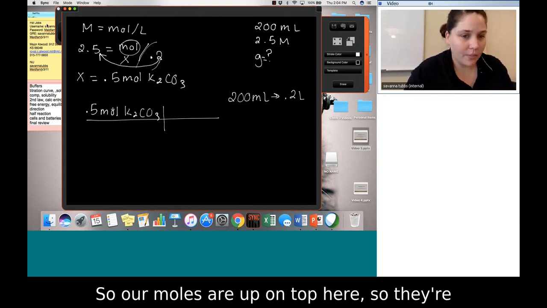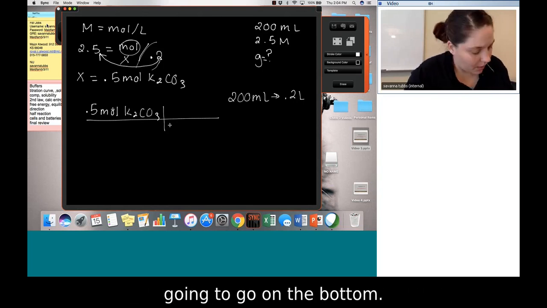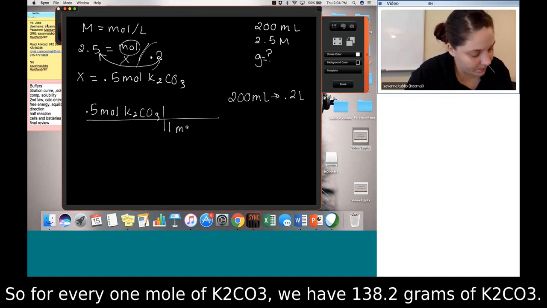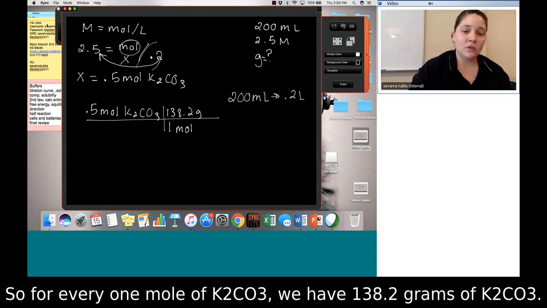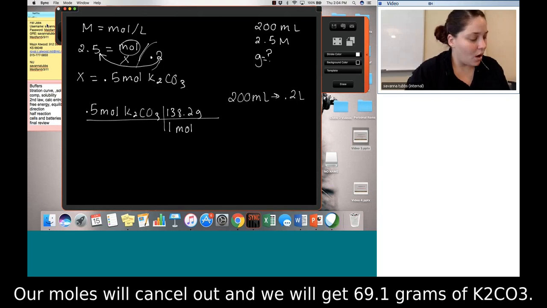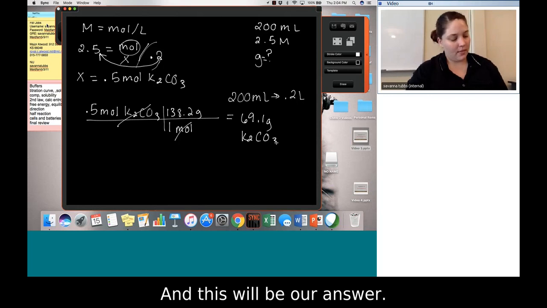Our moles are up on top, so they go on bottom. For every 1 mole of K2CO3, we have 138.2 grams of K2CO3. Our moles cancel out, and we get 69.1 grams of K2CO3. This is our answer.